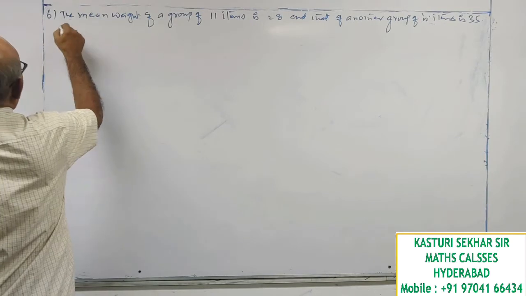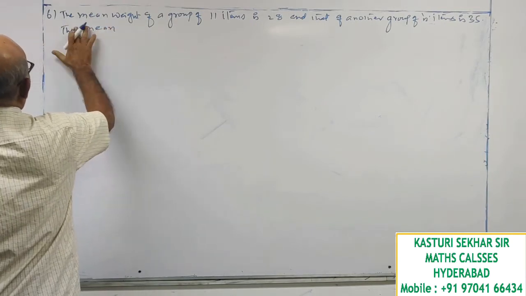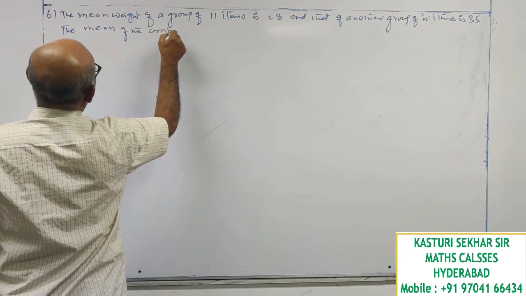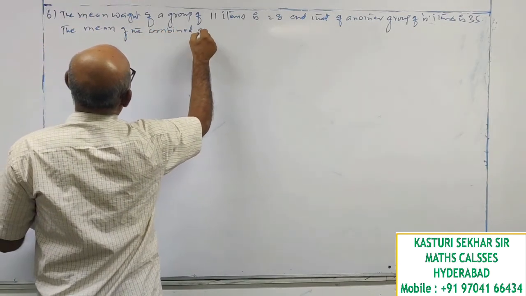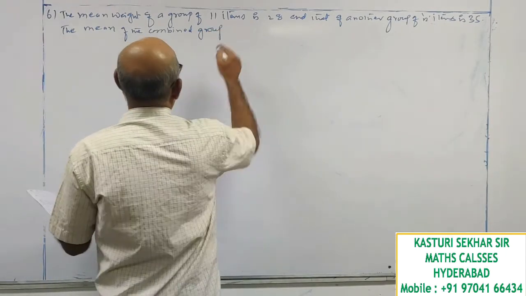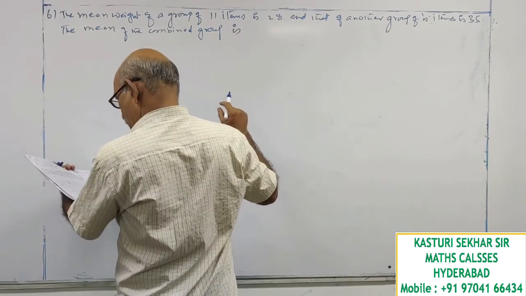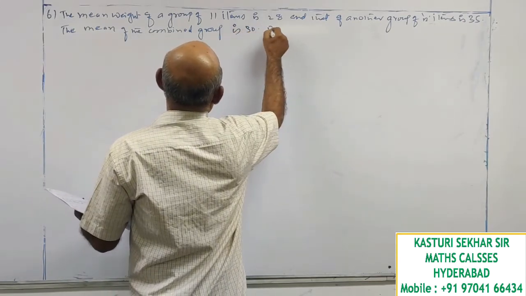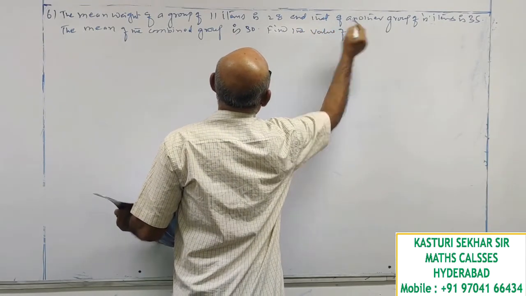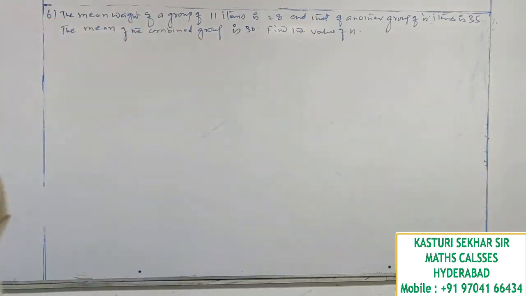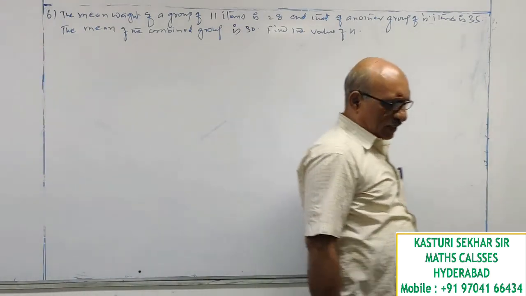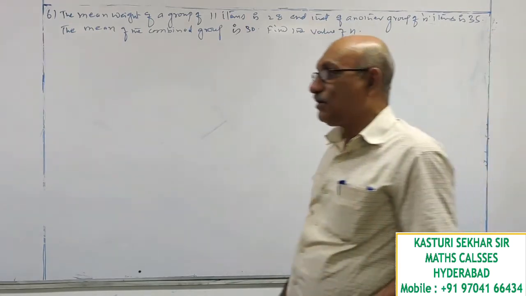The mean of the combined group is 30. Find the value of n. This is my question. Very simple question.